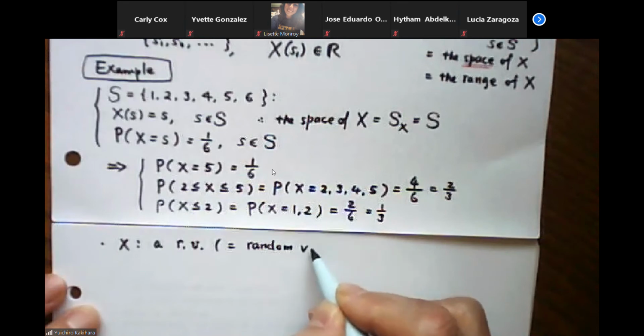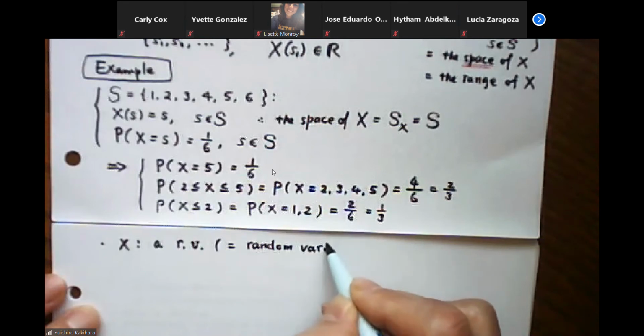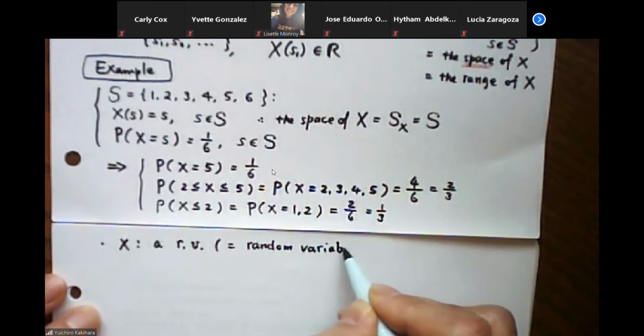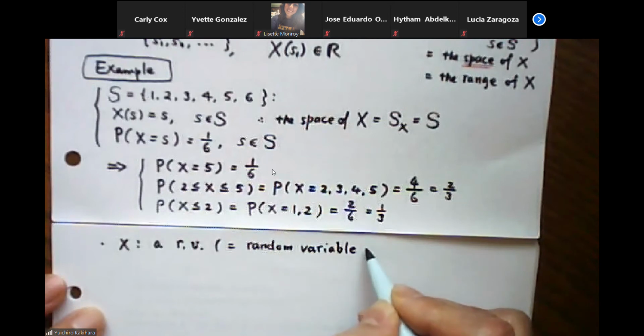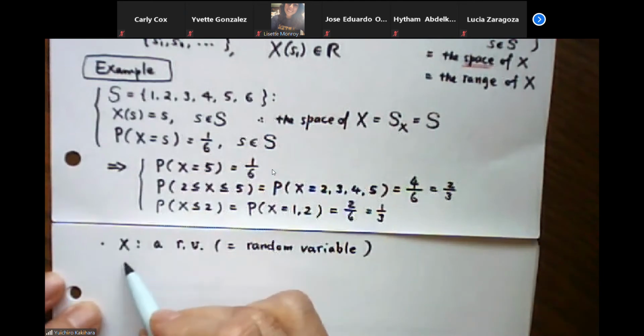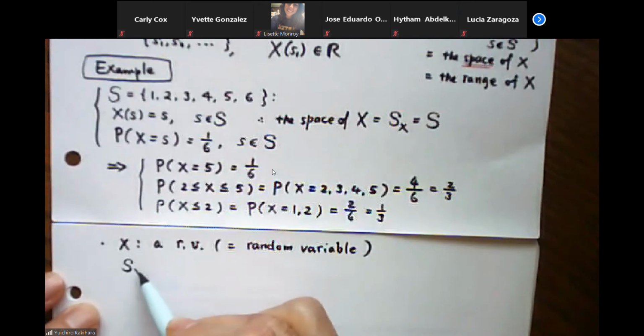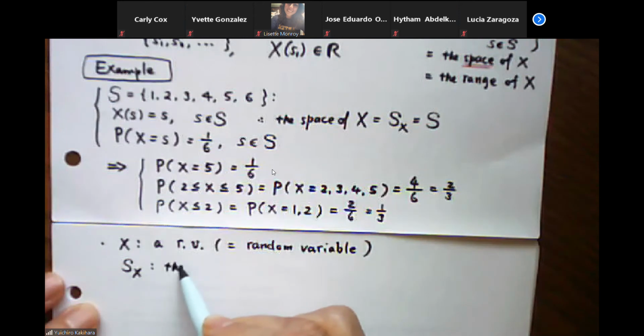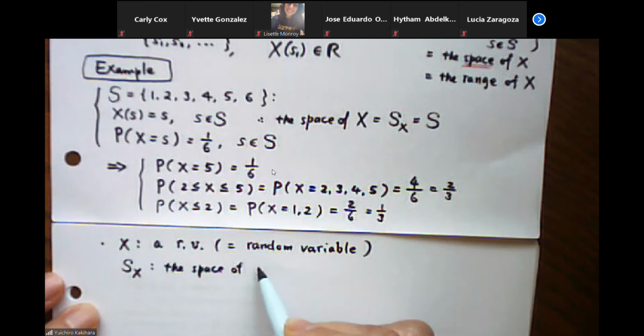You don't have to write random variable, but r.v. indicates the random variable. And then I'm going to use S sub X. In the textbook, S is used. This is the space of X, the range of the function X.